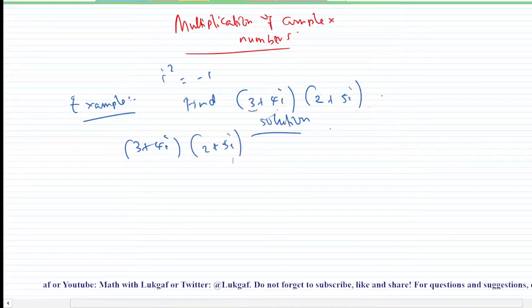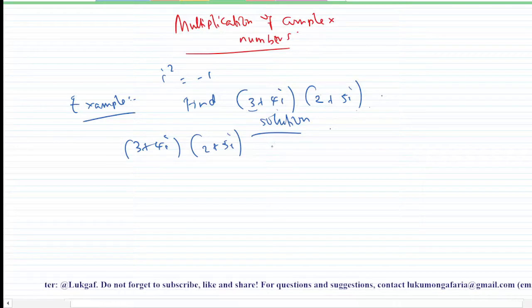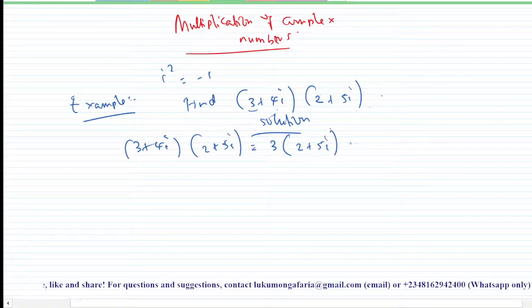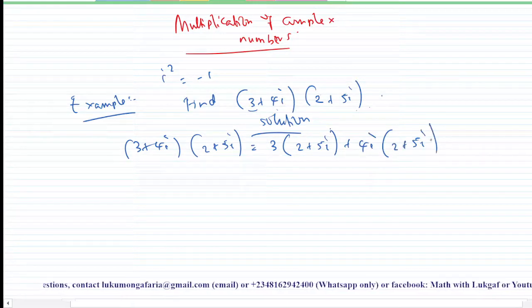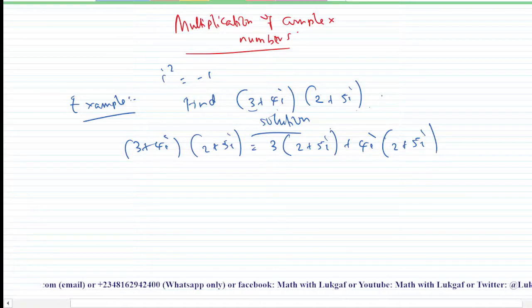It is the same thing as 3 into 2 plus 5i, plus 4i into 2 plus 5i. It's the same thing as what we used to do in real numbers.